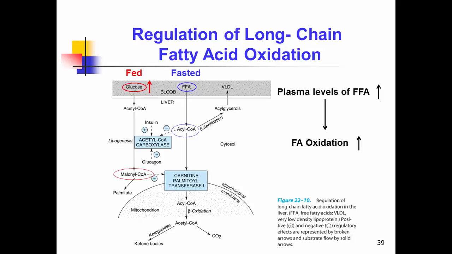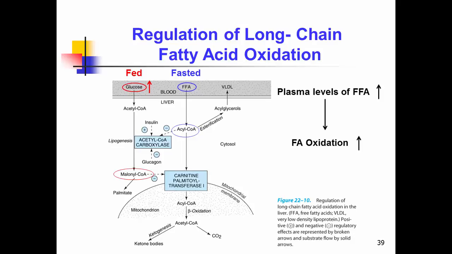Remember, under the fed condition we have higher insulin levels, so ACC activity is activated by insulin, leading to the generation of malonyl-CoA. So a lot of malonyl-CoA is produced from acetyl-CoA by ACC, right? Keep in mind this very important intermediate molecule, malonyl-CoA.